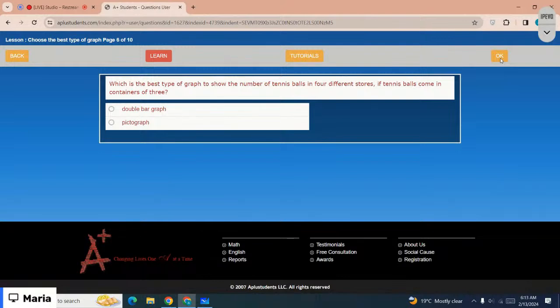Which is the best type of graph to show the number of tennis balls in four different stores if tennis balls come in containers of three? Which is the correct option?